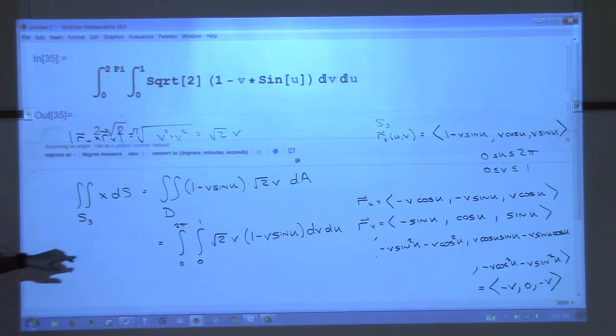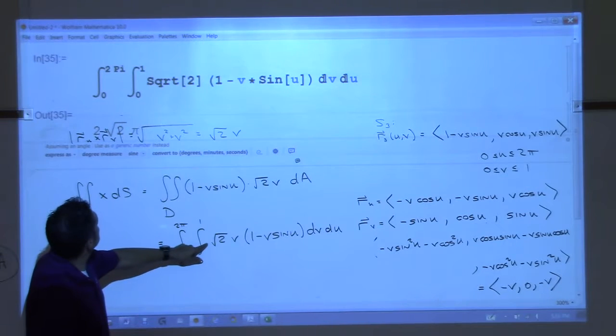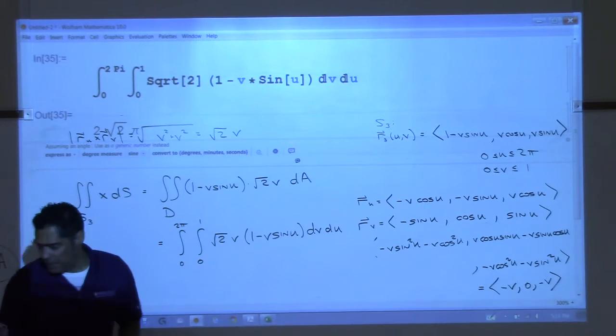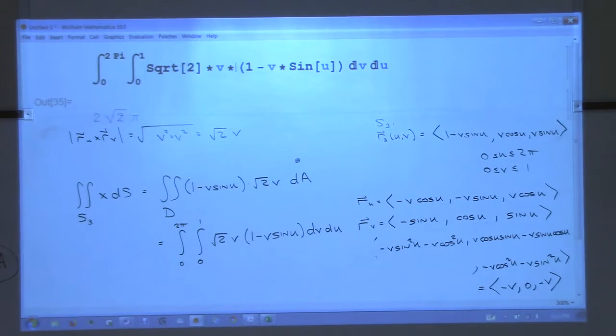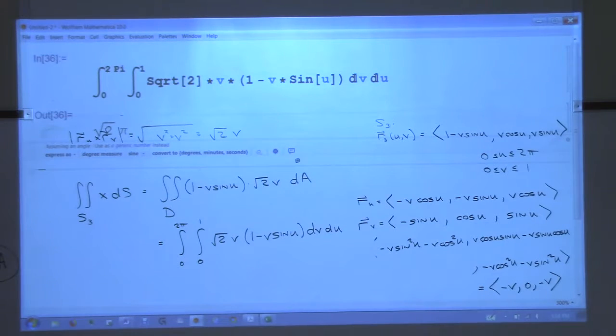Let me just check that. Root 2. Oh, wait, I'm missing a v, aren't I? I'm missing a v. Didn't change it much, but it did change.